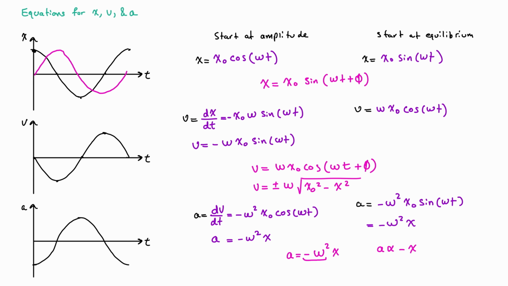Another important idea over here is that we know that the velocity is highest at the equilibrium position. So at the equilibrium position, the position here is going to equal 0.